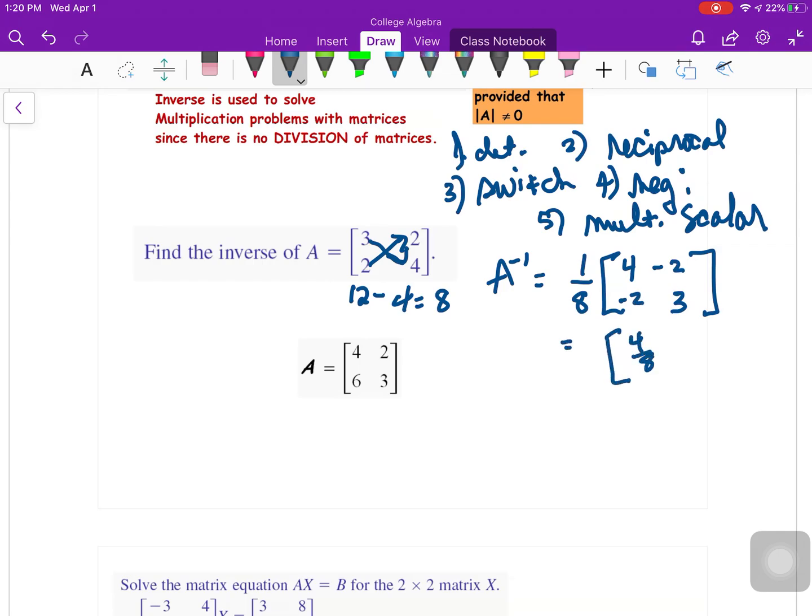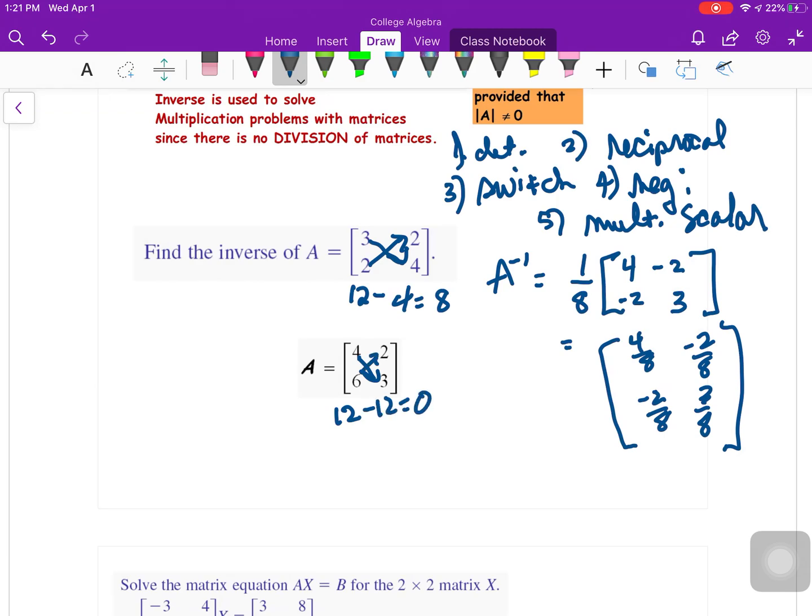So this gives me 4/8, -2/8, -2/8, 3/8. And I'm going to suggest that when you find your inverses, you leave them in non-simplified form.